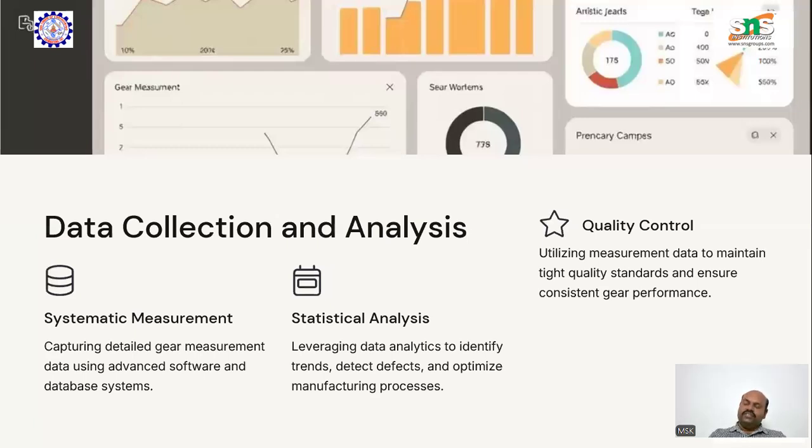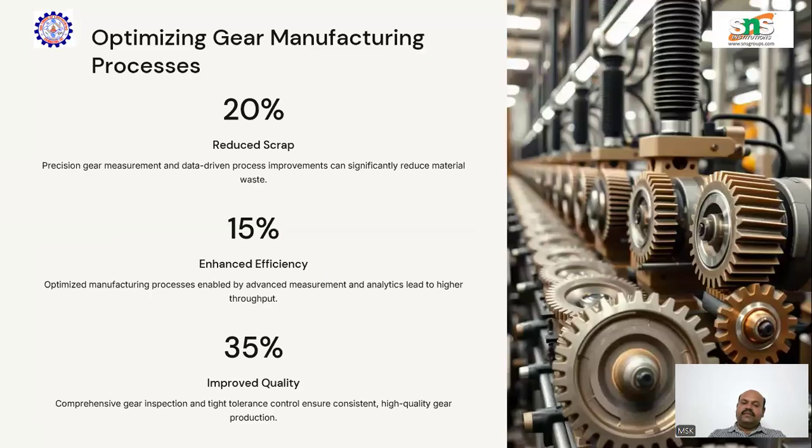We have certain charts like R chart, pie chart, everything. And finally, the quality has to be taken care of so that it gives consistent gear performance. Optimizing gear performance will give you 20% reduced scrap, 50% enhanced efficiency, and 35% improved quality.